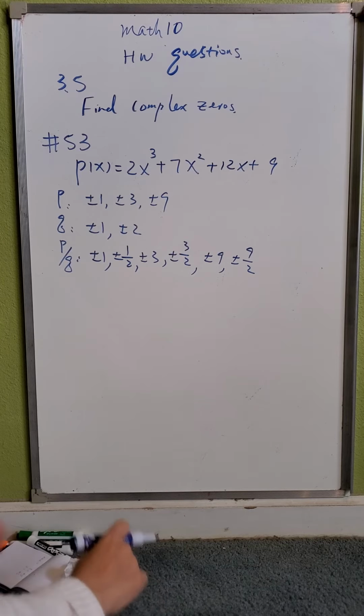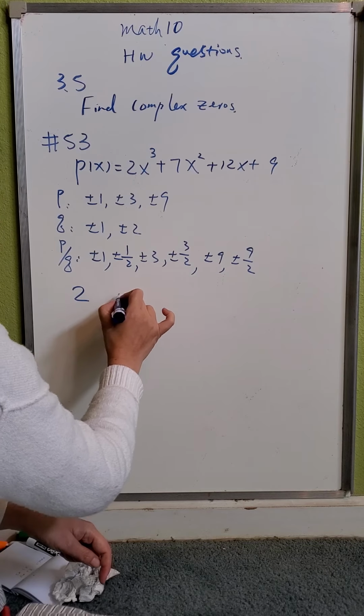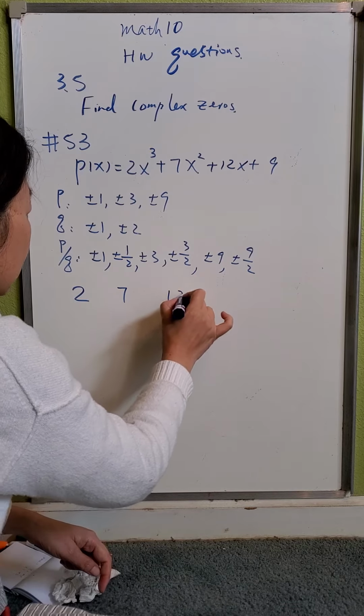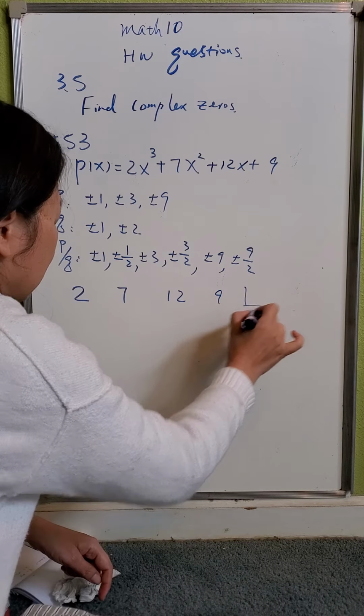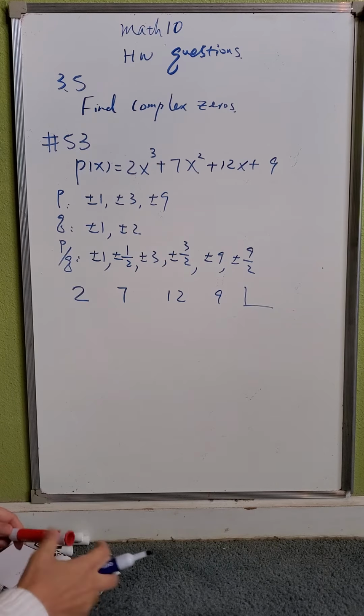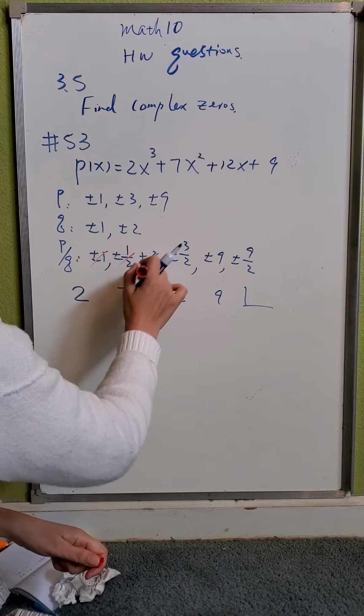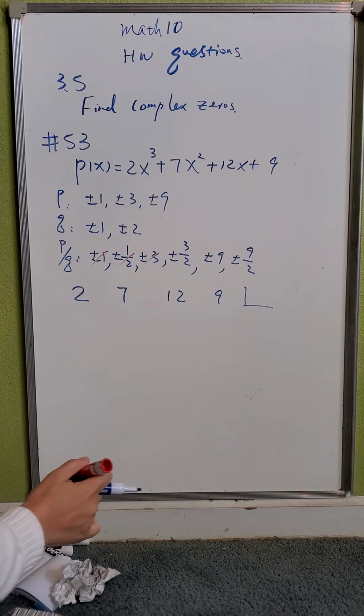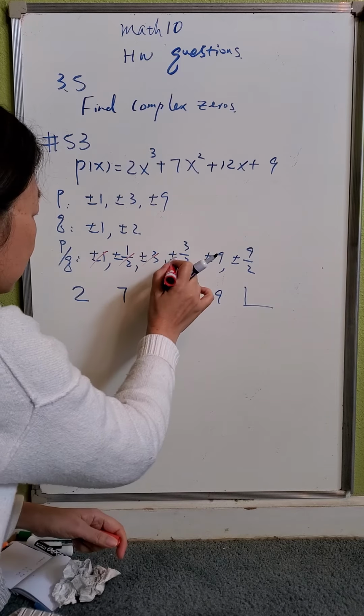And guess what happened when I put these in synthetic division and tested them? None of them work. Okay, none of the positive ones work. The one that works is negative 3 over 2.